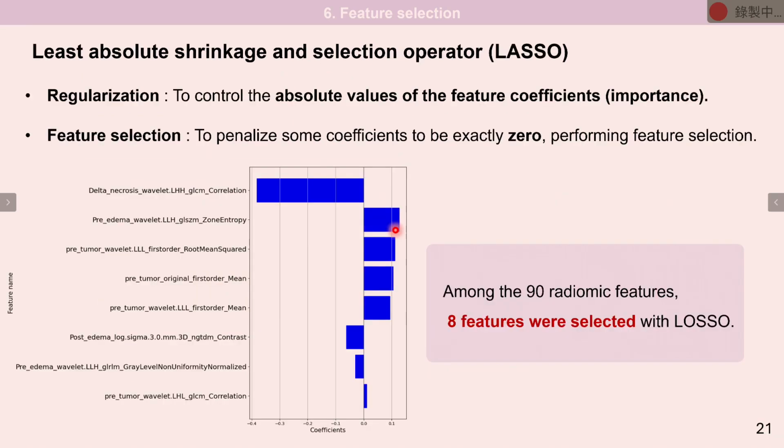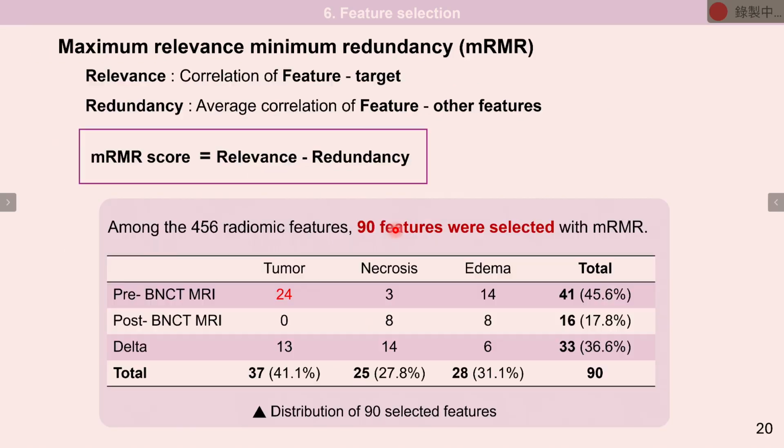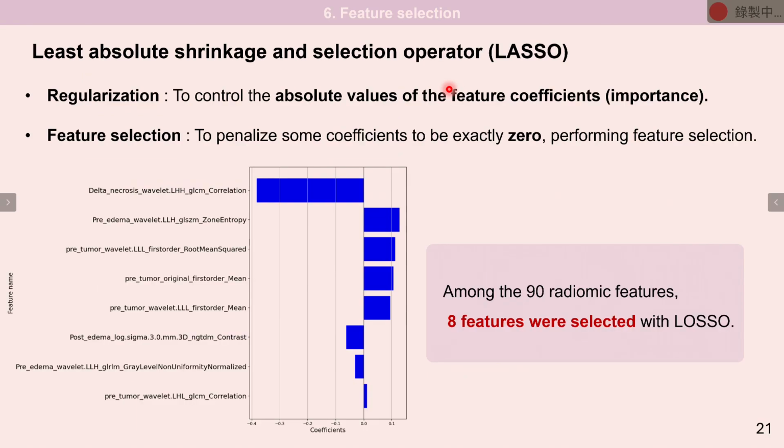I think the MRMR method is more focused on redundancy. It considers redundancy as a selection theory, and LASSO is more focused on how important, how related the feature is to the prediction target.